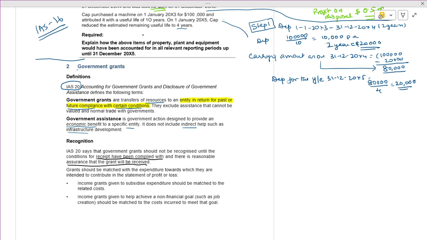We are talking in terms of the realization concept. Two things are there: the conditions are complied with, and there is reasonable assurance that the grant will be received.